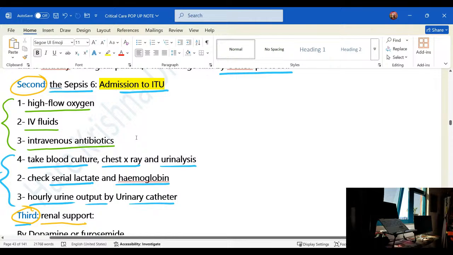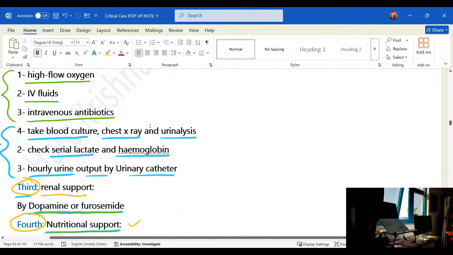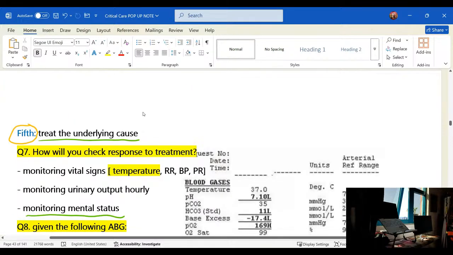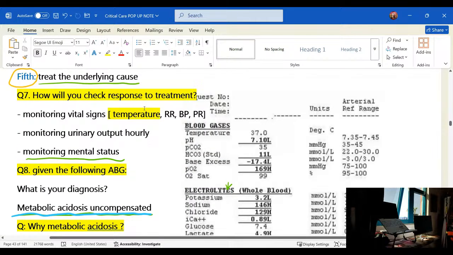Then we'll send blood for baseline investigations, including lactate (ABG) and hemoglobin level, and serial hemoglobin and serial lactate, and urine analysis with culture and sensitivity. To check response, urinary catheter and hourly monitor the urine output. Then for renal support, either dopamine or furosemide, and nutritional support, enteral or parenteral, and then the definitive treatment: treat the underlying cause. How will we check the response of the treatment?